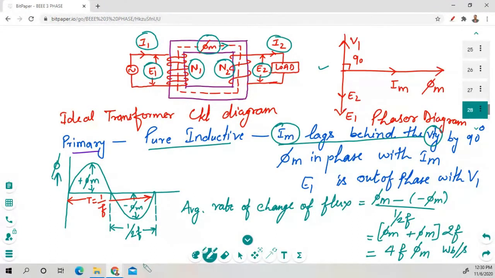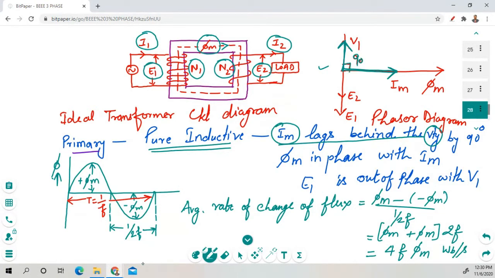So in a purely inductive circuit, the current lags behind the voltage by 90 degrees. You can see from this diagram, here is the current and here is the voltage. This current lags behind the voltage by 90 degrees.